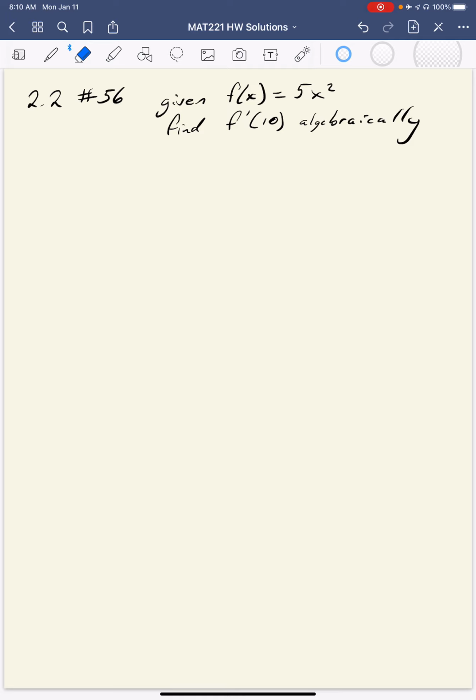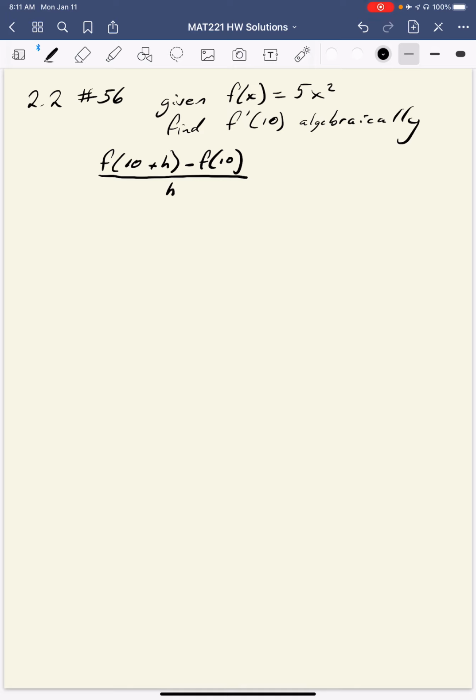So in order to find the derivative of a function, what we're really looking for is the instantaneous rate of change right at that point. And so we're going to use our difference quotient, which tells us the rate of change. So I have to take f at 10 plus h and subtract f at 10. That's the change in my outputs, and divide it by the change in my inputs, which is this value h.